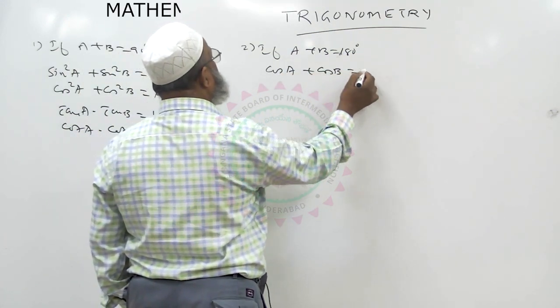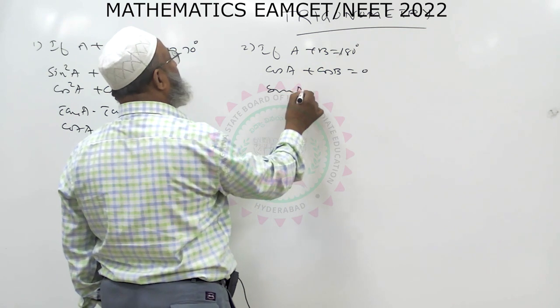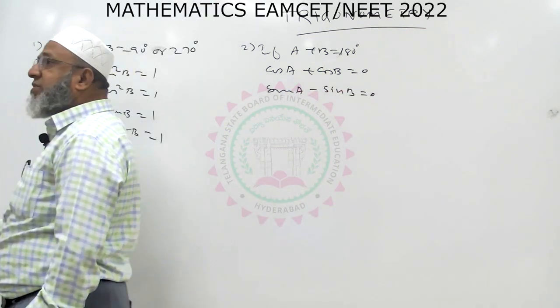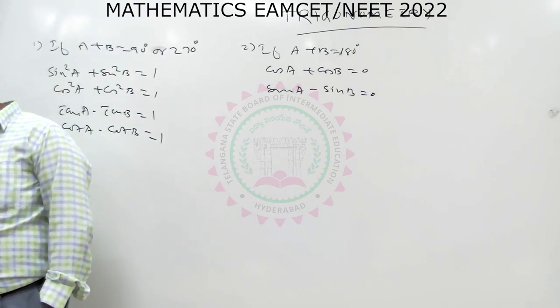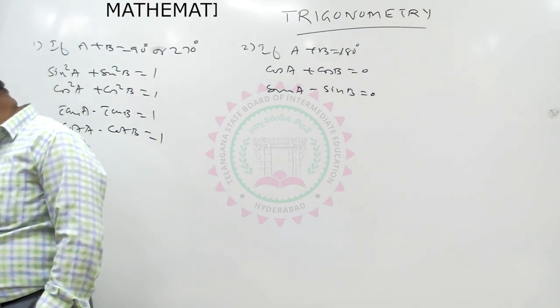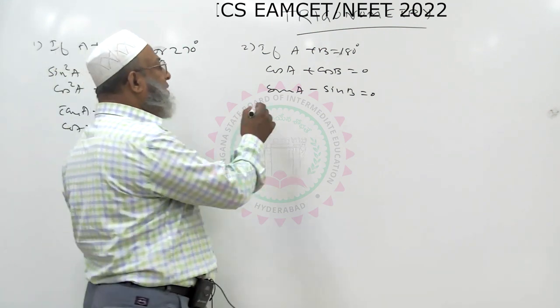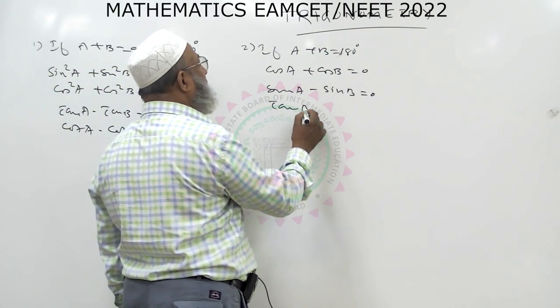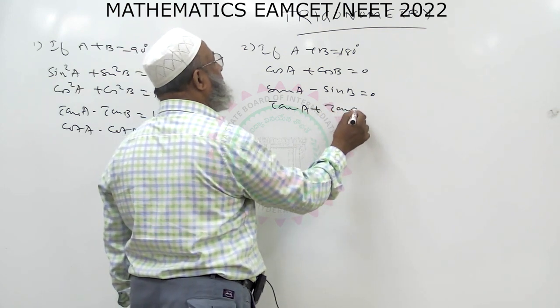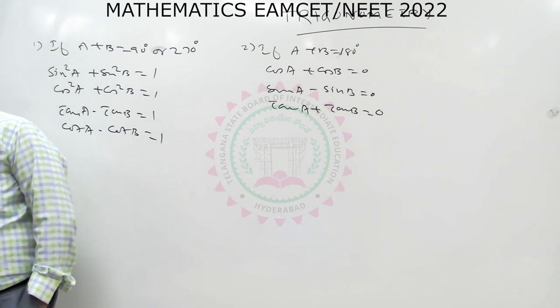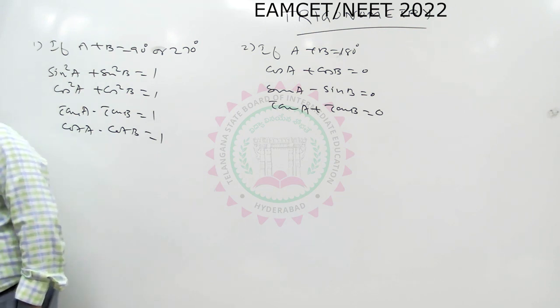Sin A minus sin B is equal to 0. And tan A plus tan B is equal to 0. Right? So, A plus B is equal to 180 degree, then we have this shortcut.